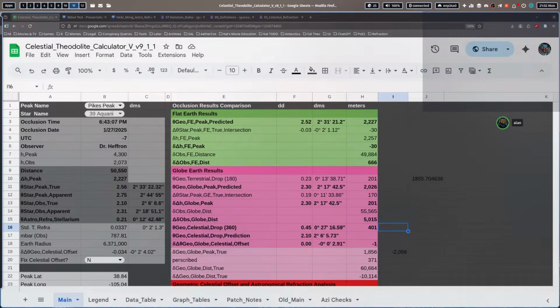Yeah, Mike. I think that difference was being calculated by subtracting the prediction from the flat earth angle, and that made it circularly bind to the same offset.